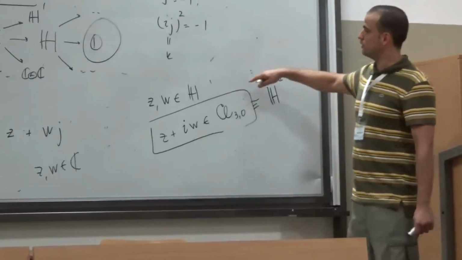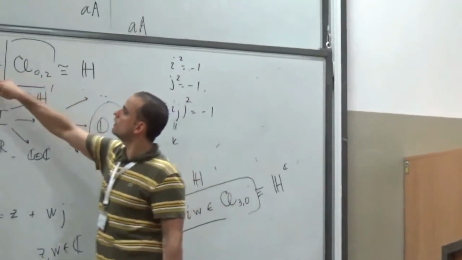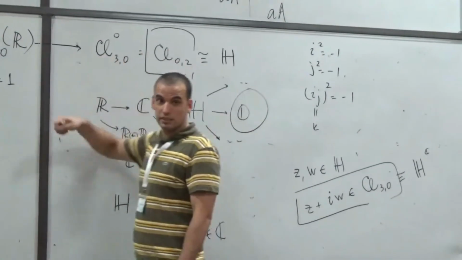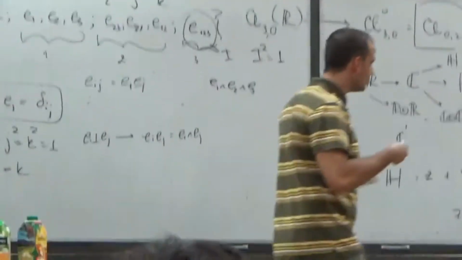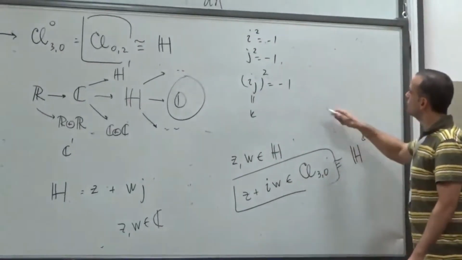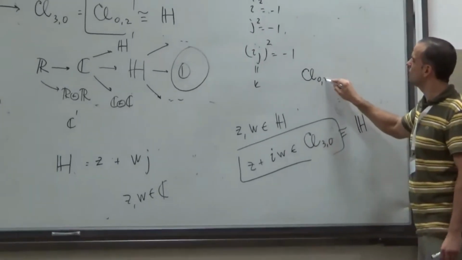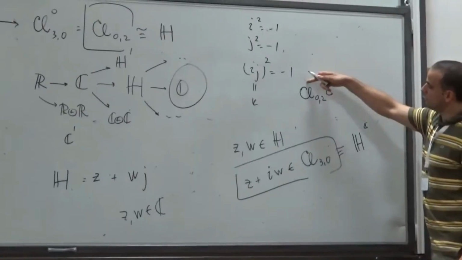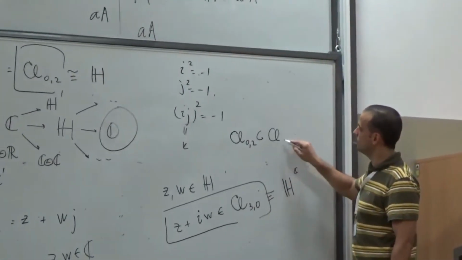If you want to follow this process from two-dimensional space to three-dimensional space, the next one will be the one of space-time. So you have the quaternions, which I'm going to write as a different algebra, the even subalgebra of the three-dimensional one.